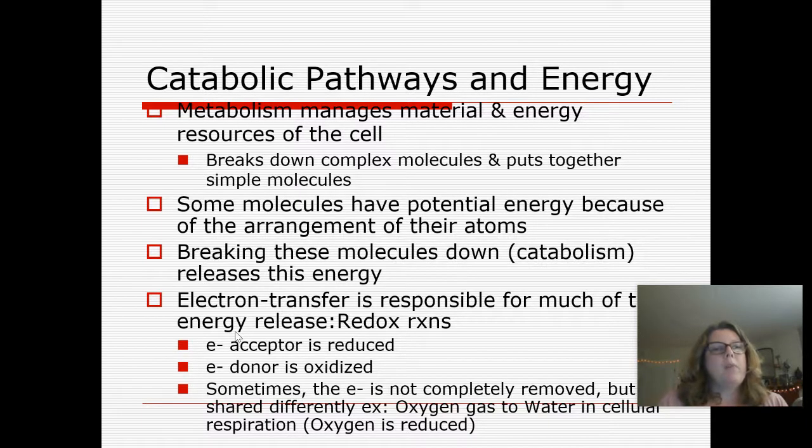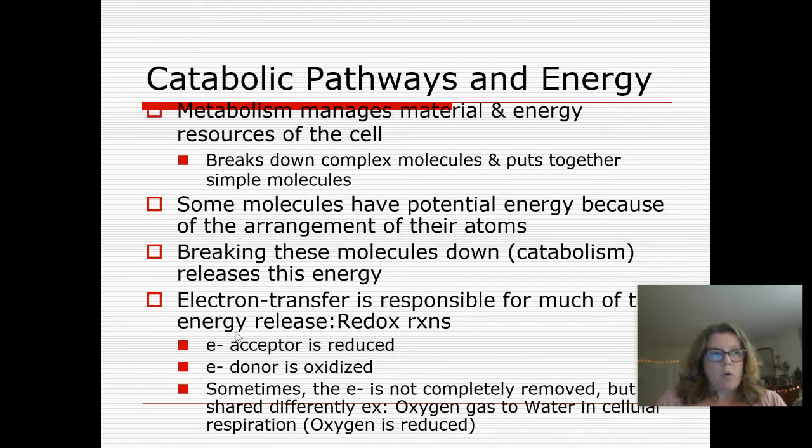So complex molecules can be broken down, converted into different products, and then simpler molecules can be built from those large, more complex molecules. Some molecules, though, have potential energy, again, because of the arrangement of their atoms. So some of that chemical energy is really because it's positional energy. It's position of the electrons that gives it its energy, which gives us a form of potential energy. When we break these molecules down, that chemical energy or that potential energy gets released.